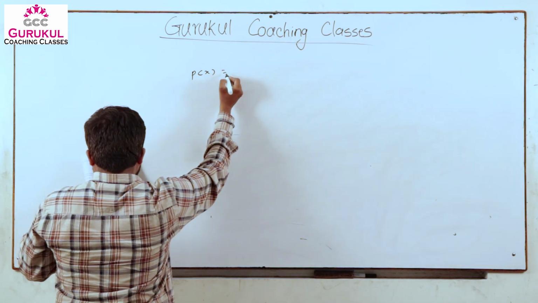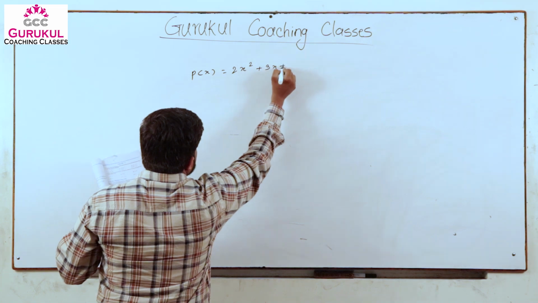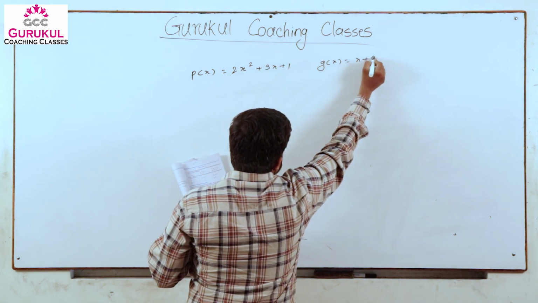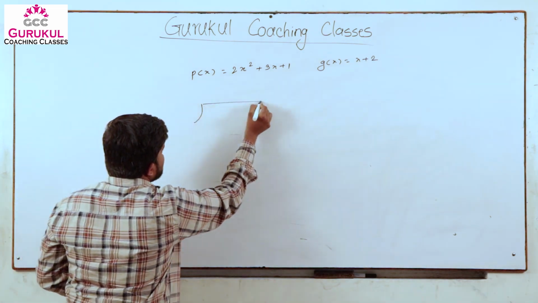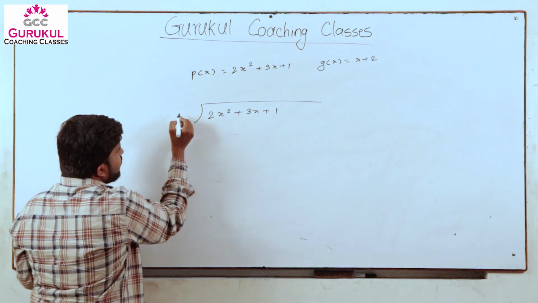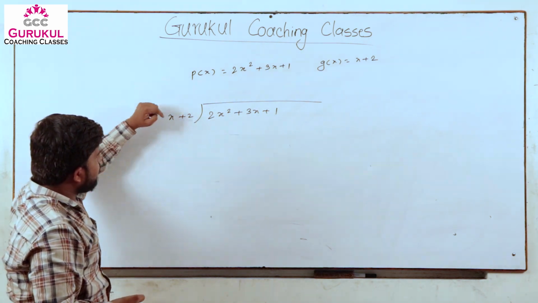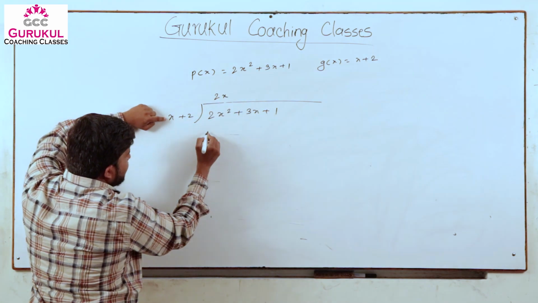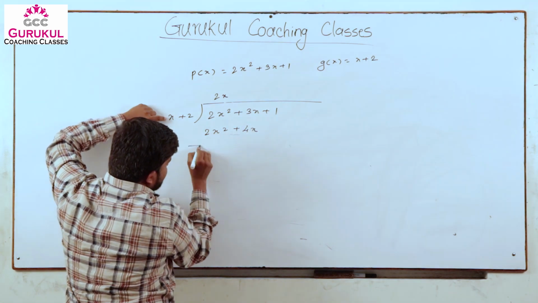p of x is equal to 2x square plus 3x plus 1, g of x is x plus 2. Divide 2x square plus 3x plus 1 by x plus 2. We want 2x square, here is x, so multiply by 2x. 2x into x is 2x square, 2x into 2 is plus 4x.